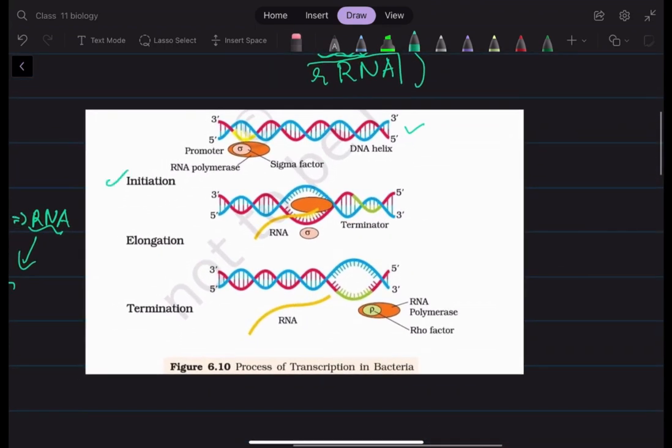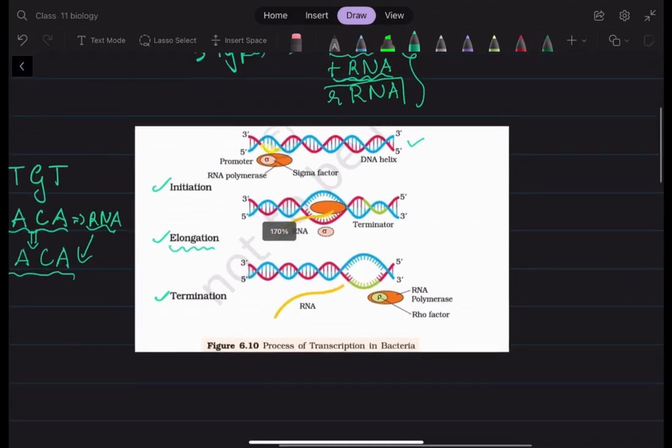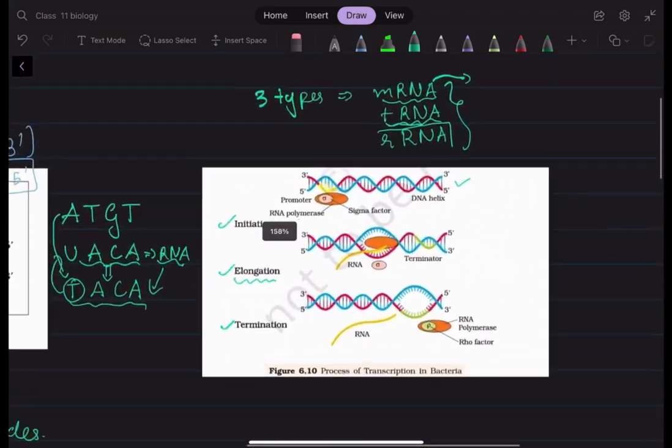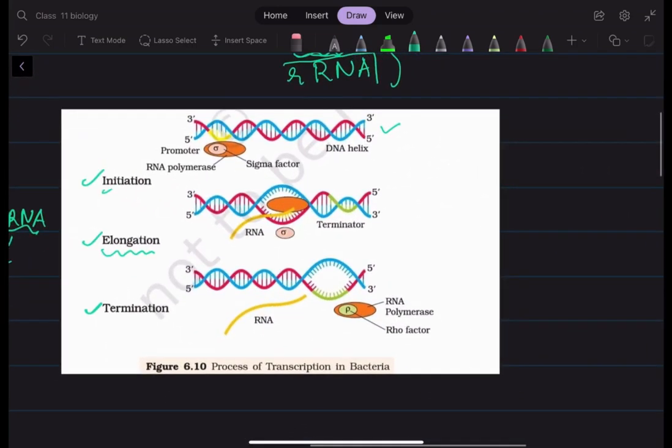So there are three basic steps: initiation, elongation, and termination. Whereas elongation is completely taken care of by our DNA-dependent RNA polymerase, initiation and termination require a factor.